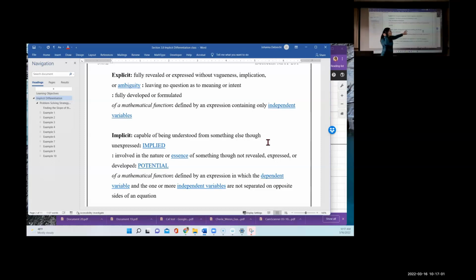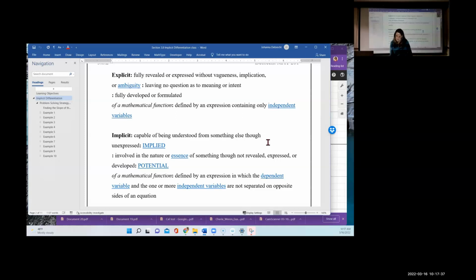This means it's capable of being understood from something else, even though it's not expressed directly. It's implied. It's involved in the nature or essence of something, though it is not revealed, not expressed, not developed. It's potential. In a mathematical function, it's defined by an expression in which both the dependent variable, which is y, and one or more of the independent variables are not separated on opposite sides of the equation.